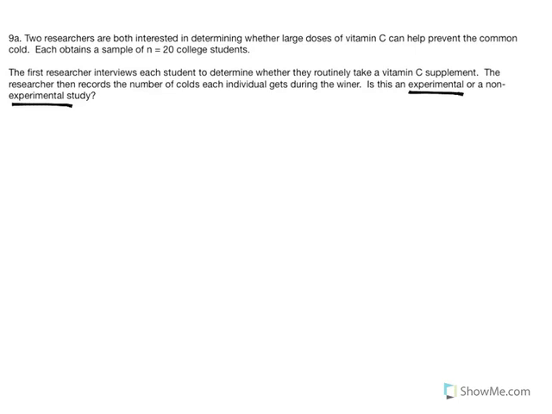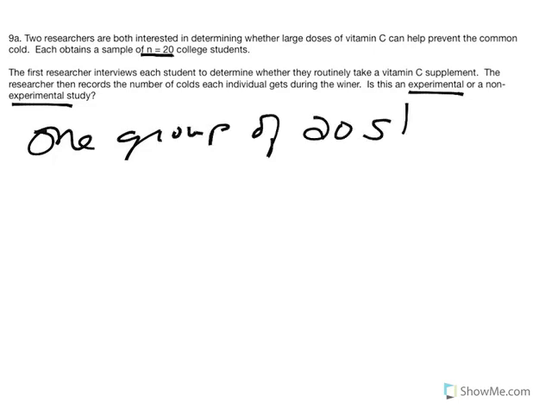So I think the first thing that we should do is ask ourselves, how many groups are we working with? Okay, well, we know that our sample size is equal to 20. Did they divide those 20 individuals up? According to this text, it doesn't appear so. We just have one group of 20 students. Okay, and we then interview, right?